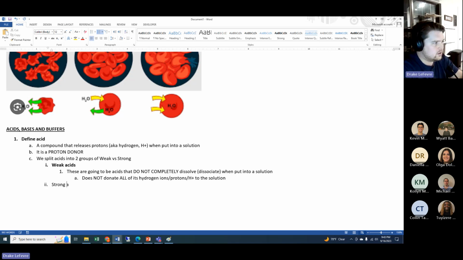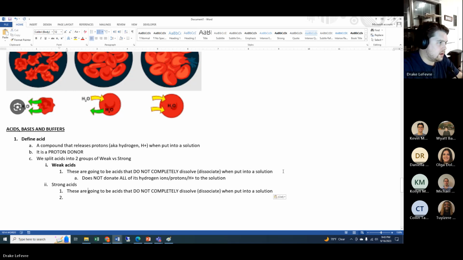Then we have strong acids. These are going to be acids that do completely dissolve or dissociate when put into a solution. So it donates all of its hydrogen ions to the solution.